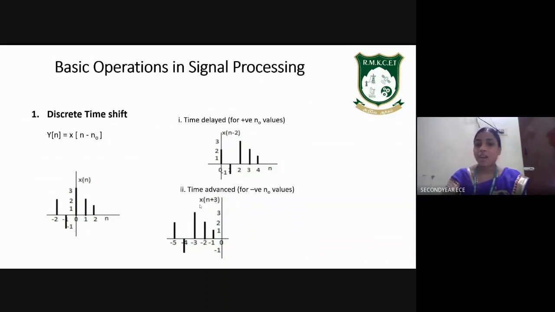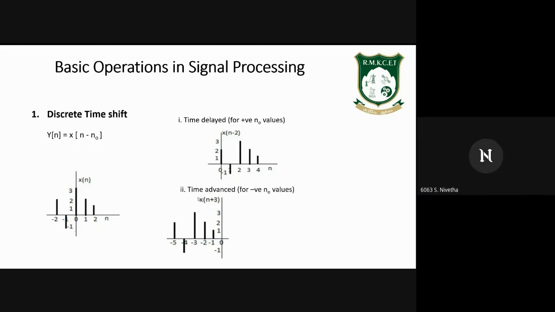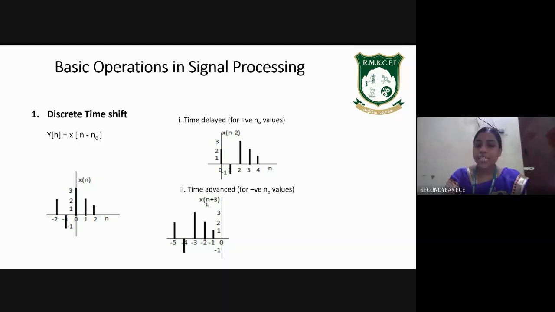In the second graph, this one, are you able to see my cursor, ma'am? Yes, ma'am. Here, you put n is equal to minus 5. What will happen? Now we are plotting a new graph.